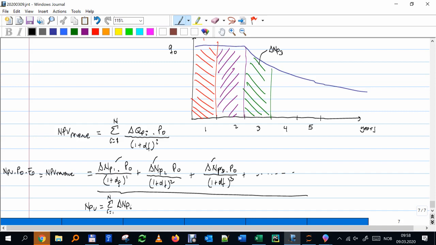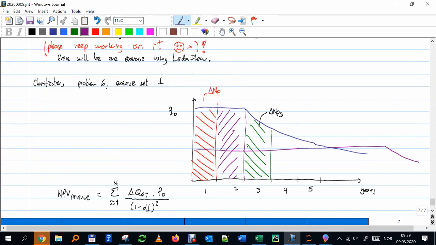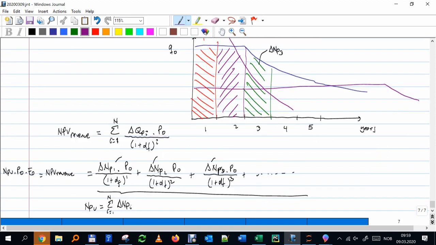It's not the same to take 20 as to take 15. But it also depends on my production profile. If I have a very long plateau and then decline, or a very short plateau and then decline, this will affect that FD factor.